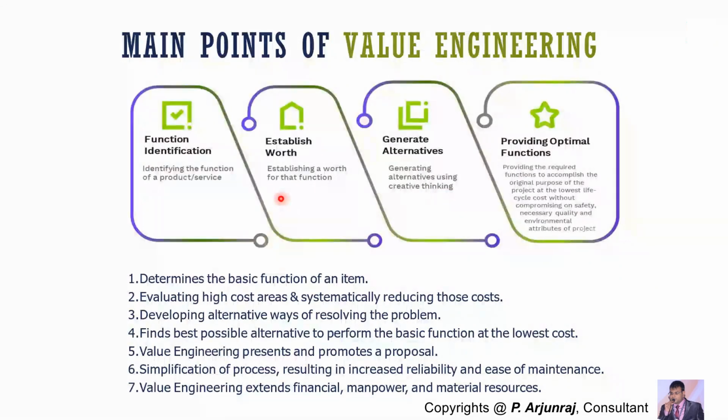When the material cost is lesser, the overall life cycle cost is going to be lesser, which means, as value is defined as the ratio between function by cost, the value is going to get improved. Okay, so that is one way.